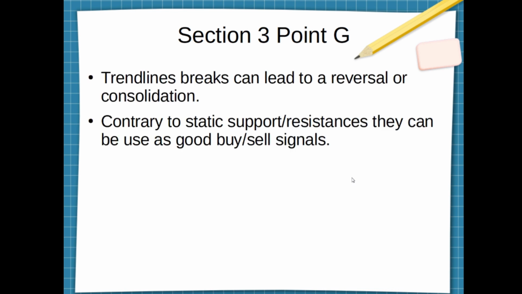Now, contrary to static support and resistance, they can be used as buy and sell signals. Remember when I was talking about the static types of support and resistances, I told you that these can be used as buy and sell signals.